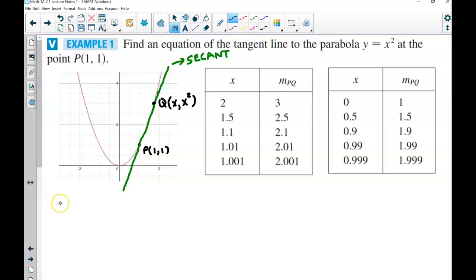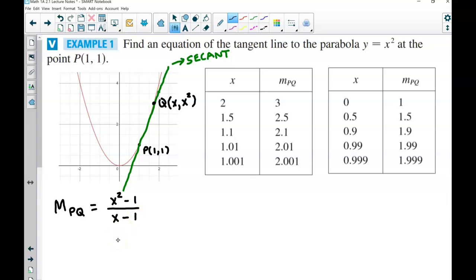So I'm going to write down the general form for that. We have to use our slope definition. Remember, that's y2 minus y1 over x2 minus x1. So y2 in this case is x squared, and then we're subtracting y1, all over x2 minus x1.